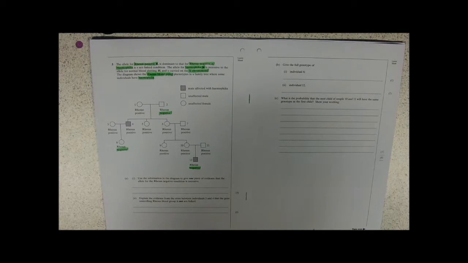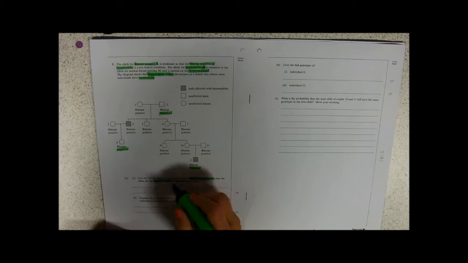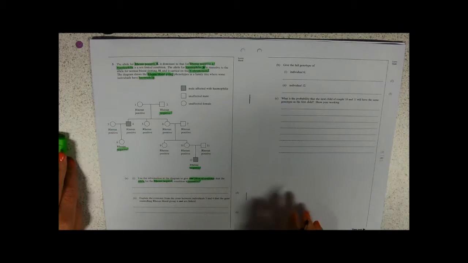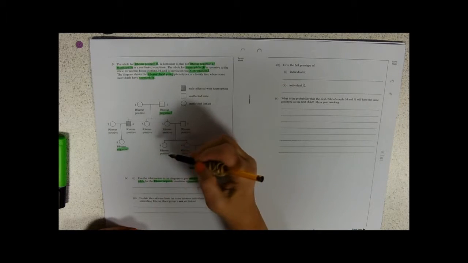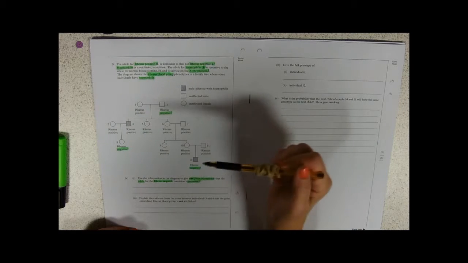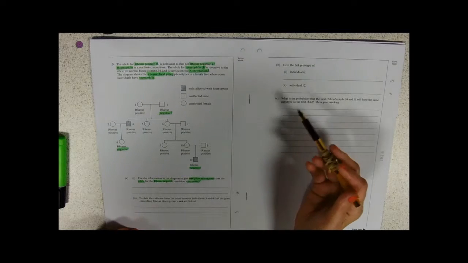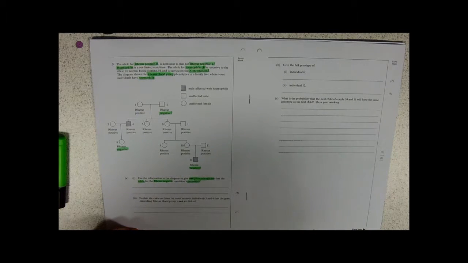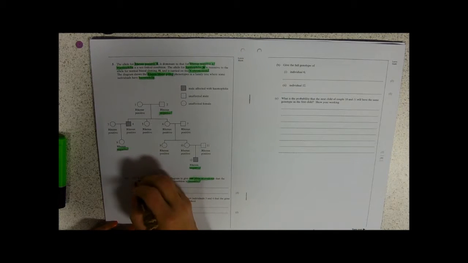So, use the information in the diagram to give one piece of evidence that the allele for Rhesus negative is recessive. My one piece of evidence: I've got 3 Rhesus negative people. Both of these parents are Rhesus positive, both of these parents are Rhesus positive. That's our main evidence for recessiveness, that 2 Rhesus positive parents give rise to a Rhesus negative child.